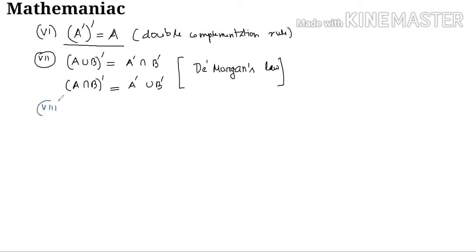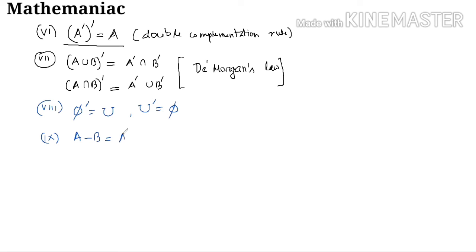Then we'll be having some little properties. Phi complement is the universal set. Universal set complement is phi. Next, difference can be written.